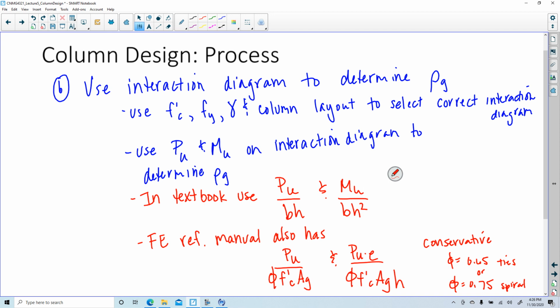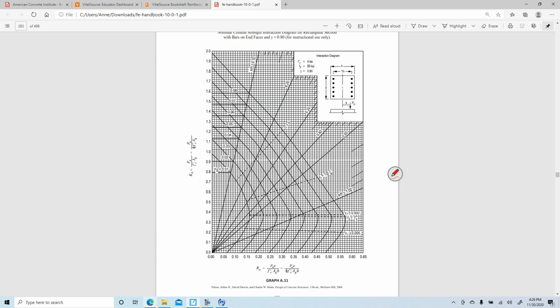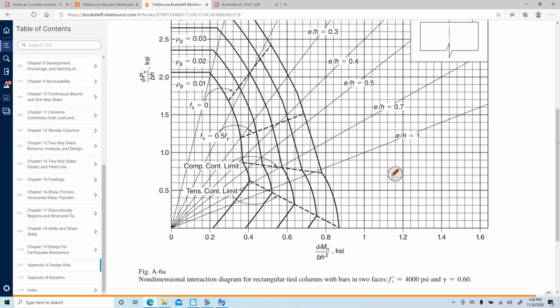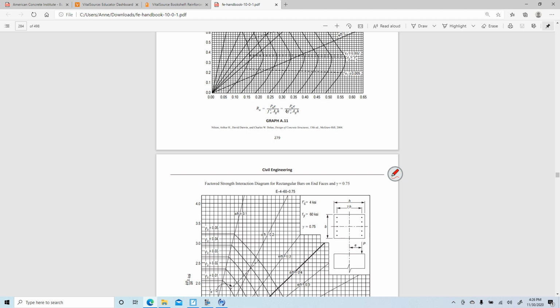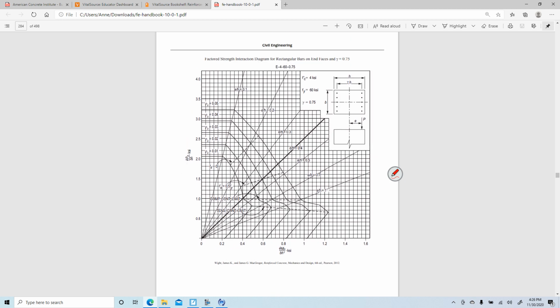Right, so you would go to, this is one of the ones in your textbook, right? We have an F prime C of 4, an Fy of 60, and a gamma of 0.75. And we use our coordinates, okay?